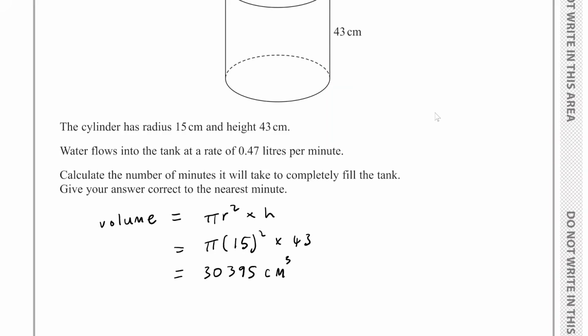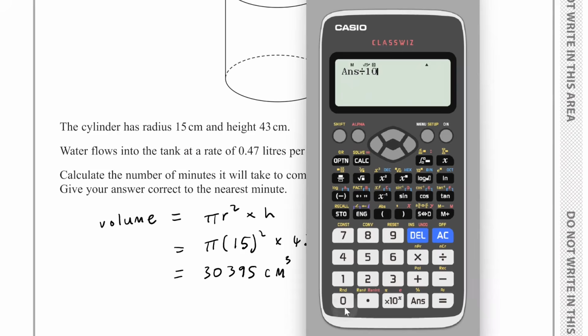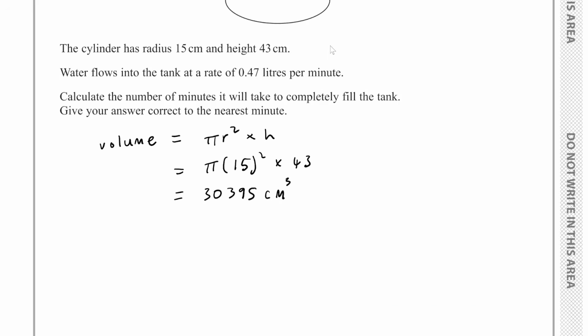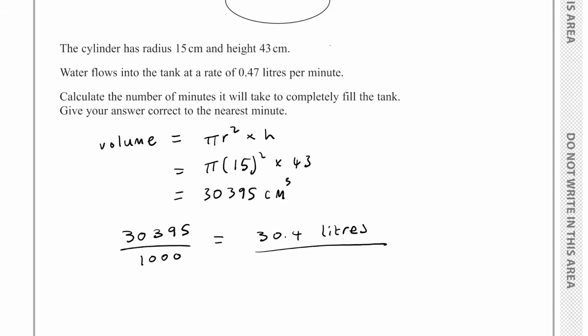So 1,000 centimeters cubed is 1 litre. So divide by 1,000, we get 30.4. Let's just call it 30.4 litres. I'm keeping the whole number in the calculator though. So I'm just writing 30.4, but I'm using the whole number.